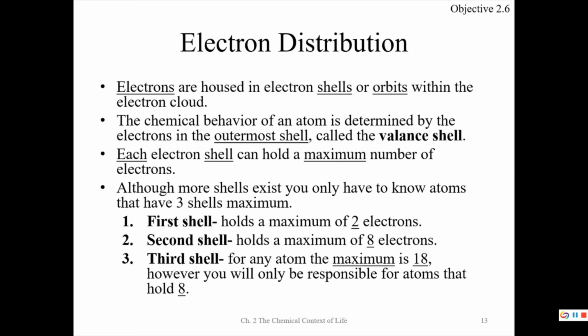If it's only got 1 shell, the first shell is the outermost shell, the valence shell. If it's got 2 shells, the second shell is the valence shell. If it's got 3 shells, the third shell is the valence shell. If it's got 7 shells, the 7th shell is the valence shell. You catch my drift? The outermost shell is always called the valence shell.